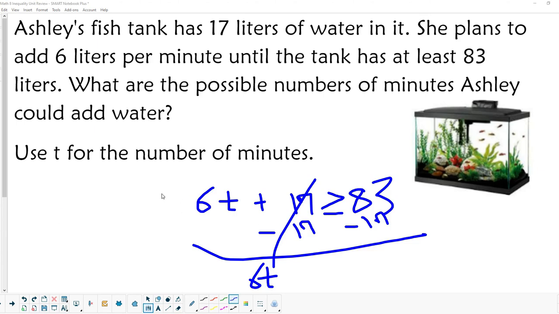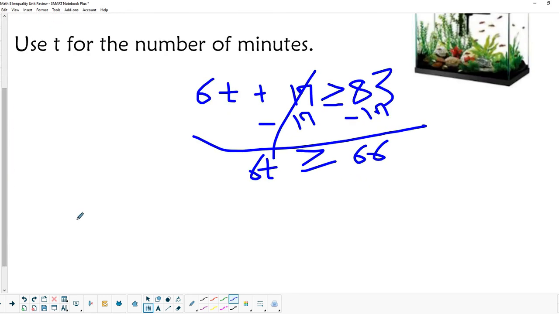According to our calculator, 83 minus 17 equals 66. Well, that's a good friendly number. If we divide 66 by 6, we end up with t is greater than or equal to 11, which comes out to be 11 minutes, right?